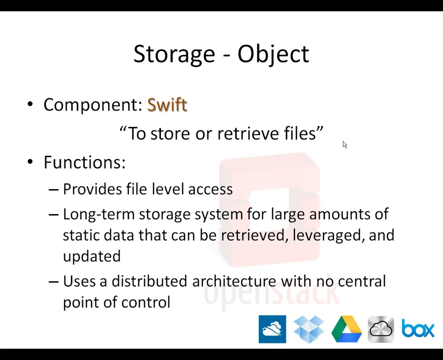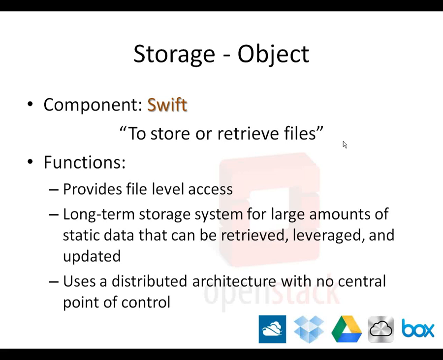For each and every file you will have a URL, and those URLs can be shared with people. Using this, Google Drive comes up with collaboration and things like that. All this may or may not be working on OpenStack, but in OpenStack the Swift service, the storage service, will be of high importance.